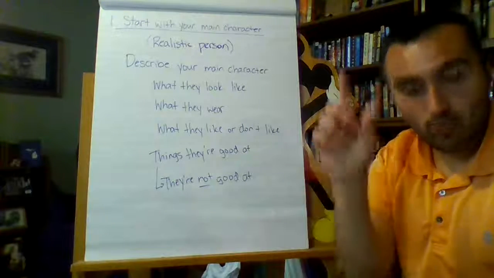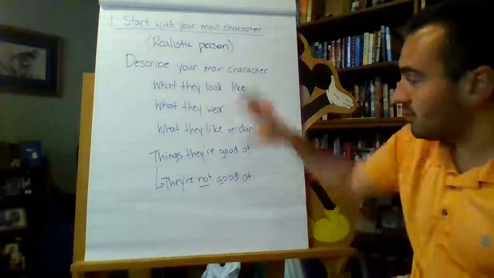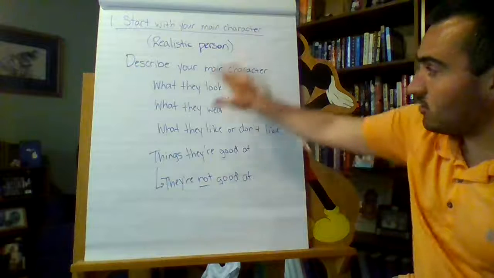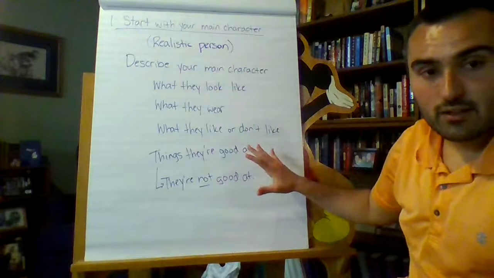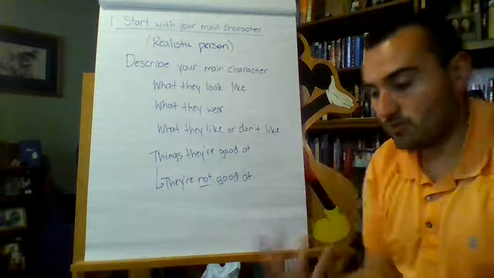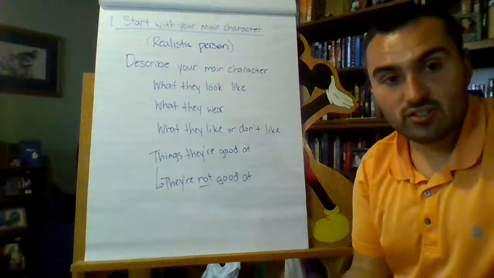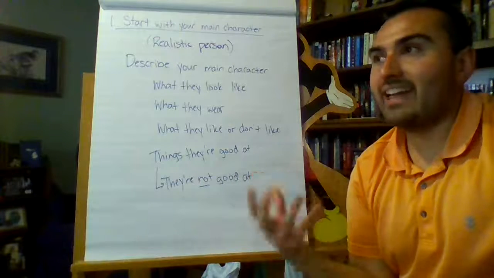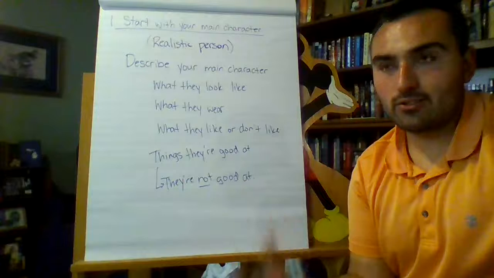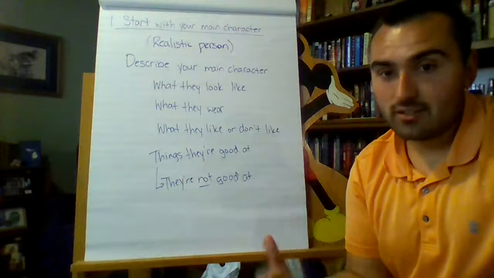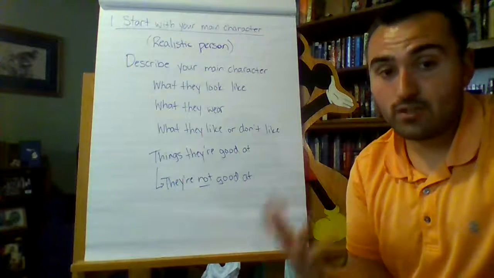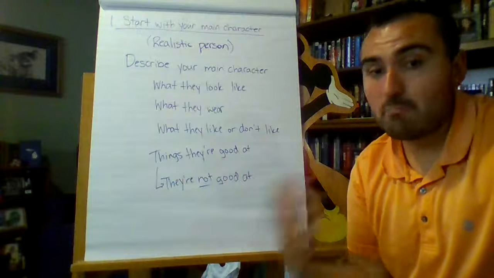But just make sure, read those directions, follow those directions, and I'm going to include a lot of this stuff that is going to help you describe your character and start creating some things about your character that's going to make them special, that's going to make them be able to solve the crime or the puzzle or the mystery of your story.